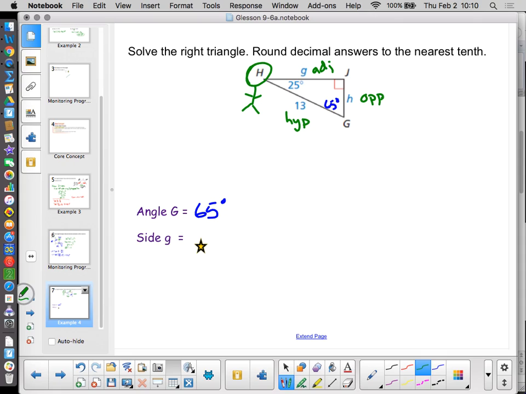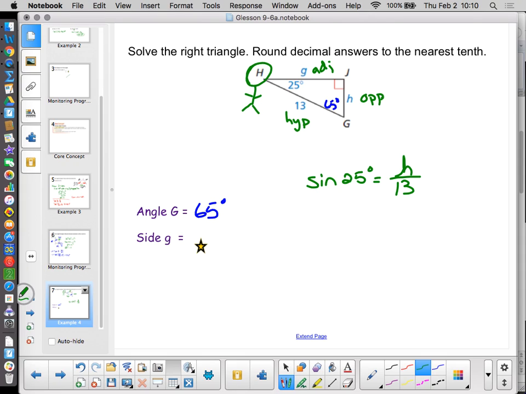And we start setting up our equations. In order to find H, it is the opposite side, and the known side is the hypotenuse. Opposite over hypotenuse is sine. So the sine of angle H, which is 25 degrees, I don't have to solve for that, I know it, equals the length of the opposite over the length of the hypotenuse.